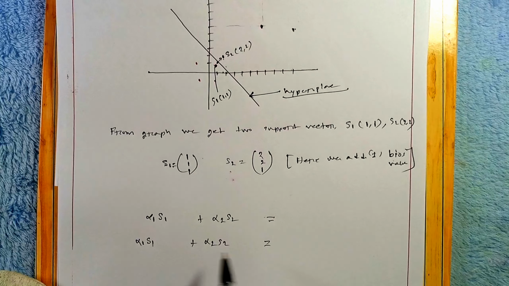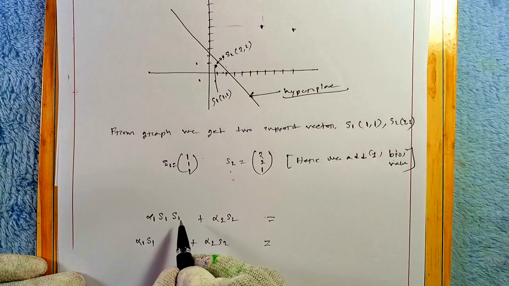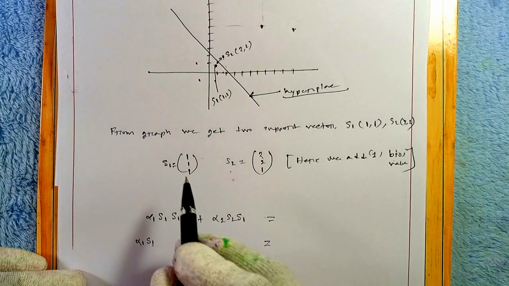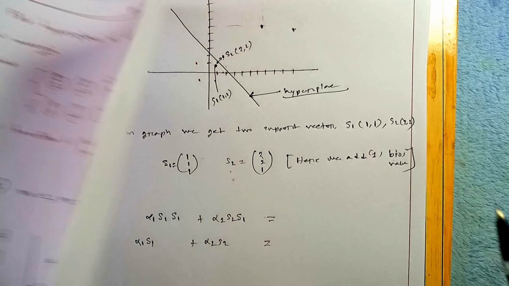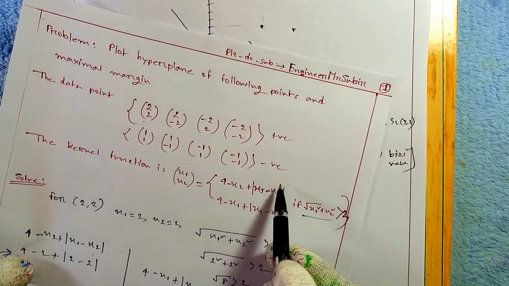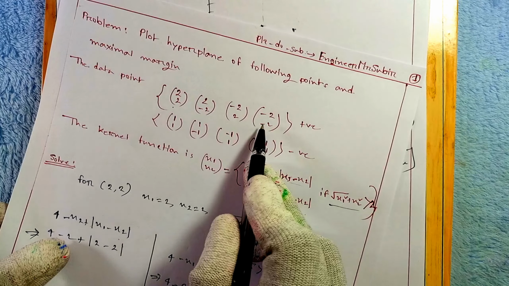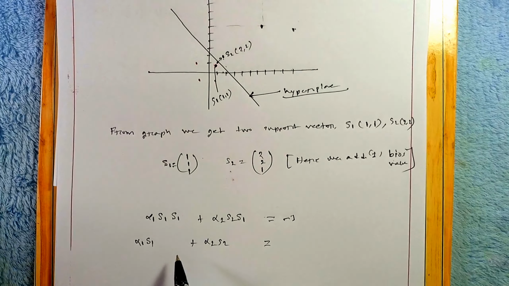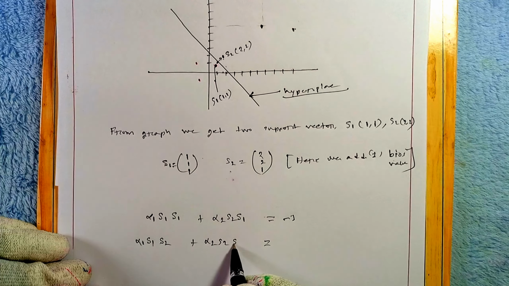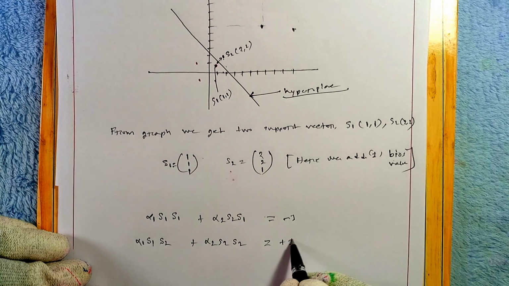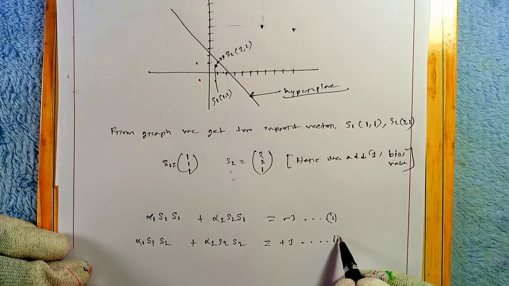In the case of finding the S1 value, you have to put S1 on both sides, S1 S1. S1 is 1 1, which belongs to the negative side, so you have to put -1 here, and S2 is positive. So put S2 here, this is positive. So we got two equations, equation 1 and equation 2.